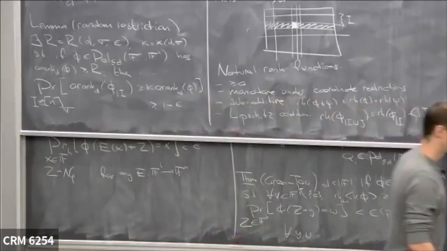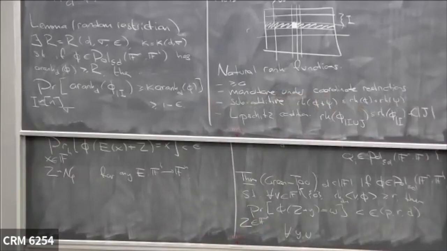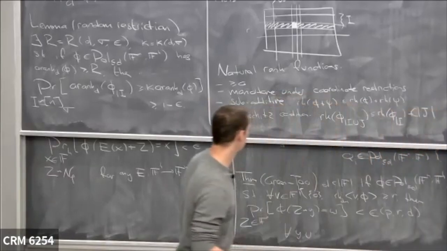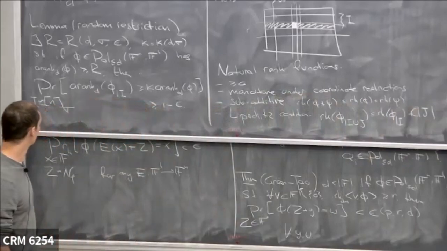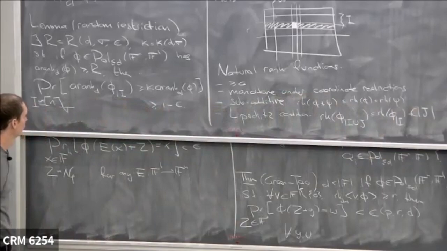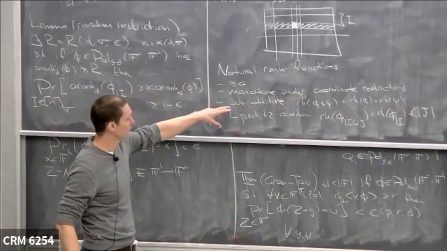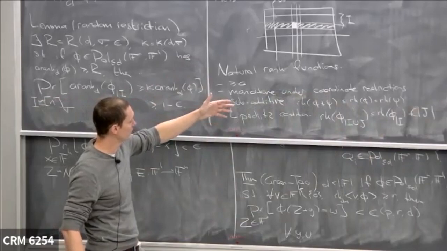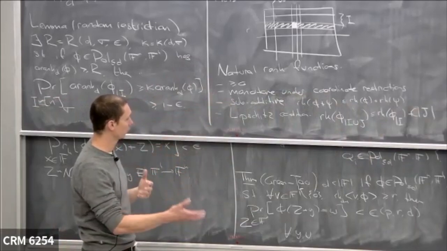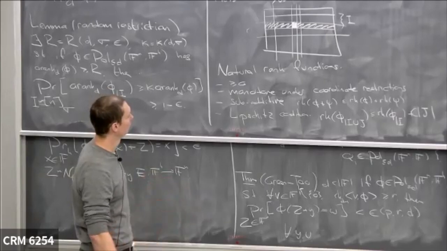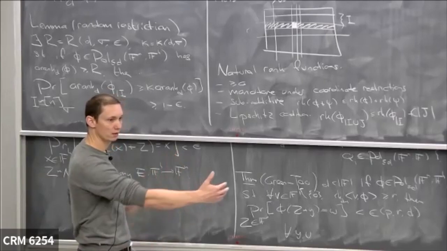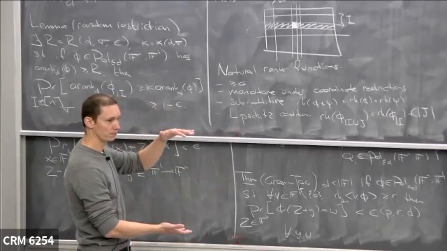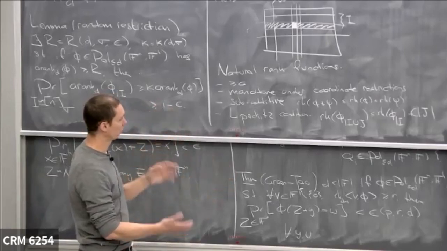So my time is up. I just wanted to ask the question that I guess Thomas Karam will also touch upon later this week. What's the best core you can find for any of these rank functions? Suppose that you have a rank function on tensors, polynomials, or polynomial maps that have rank at least R. What can you say about a restriction whose rank will also be big?